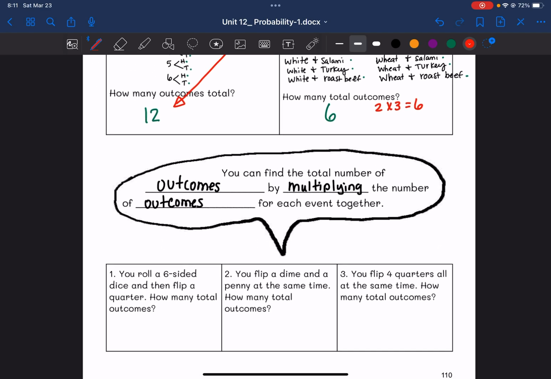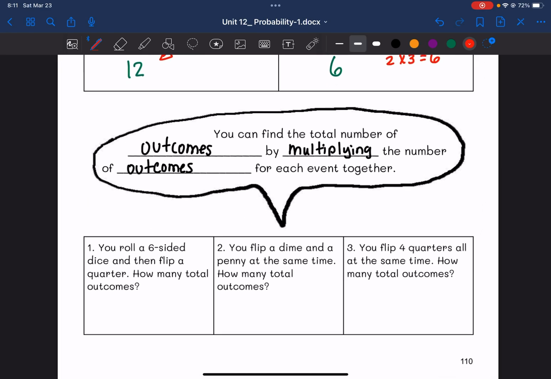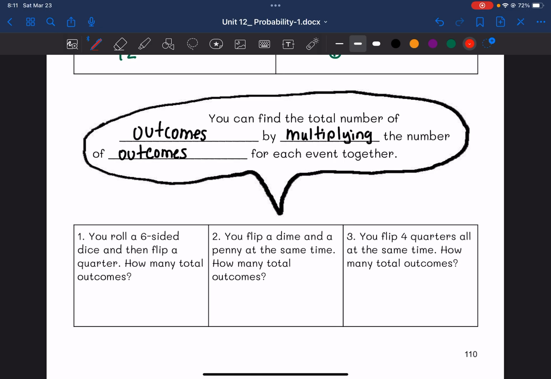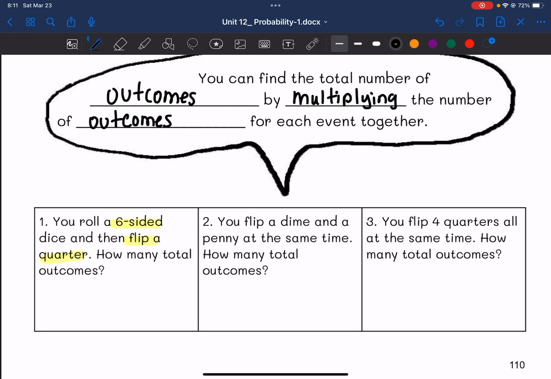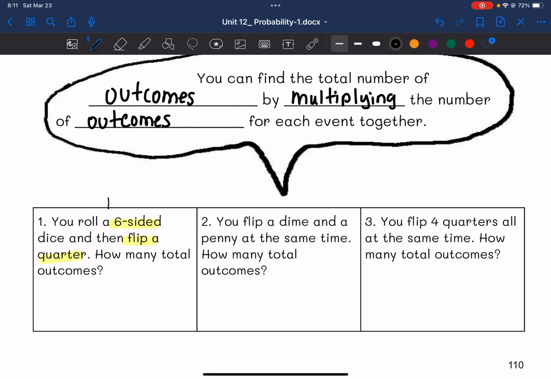So now let's put that into play for these next 3 examples. It says that for number 1, you roll a 6-sided dice and then flip a quarter. A 6-sided dice has the numbers 1, 2, 3, 4, 5, and 6.